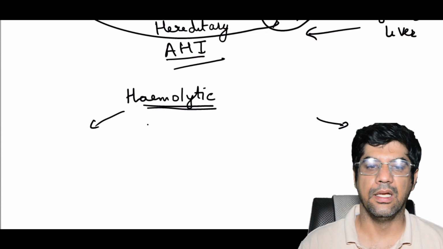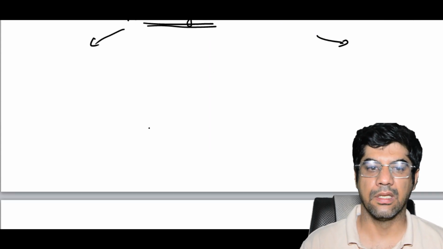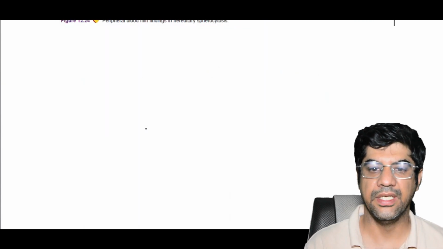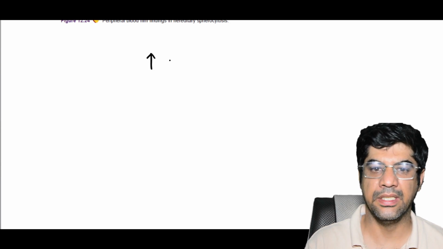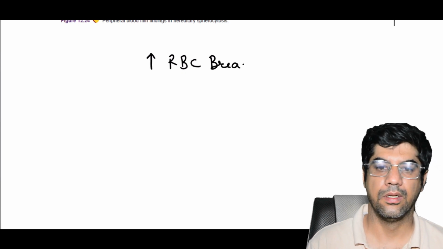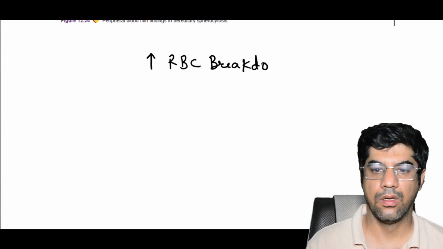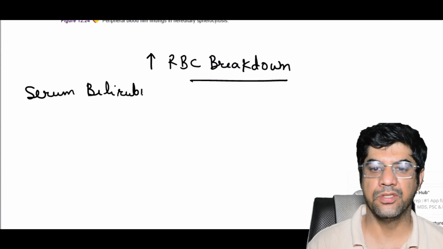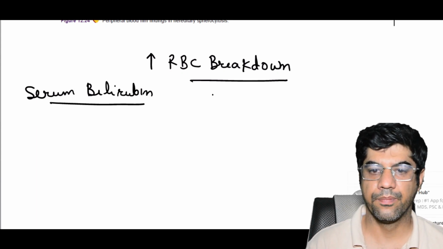Now, what are the lab findings? First of all, there are tests that indicate increased RBC breakdown. One is serum bilirubin, an elevated level of unconjugated bilirubin.